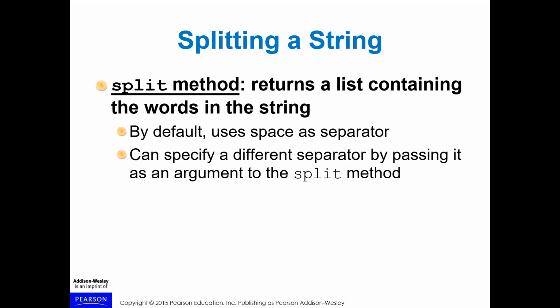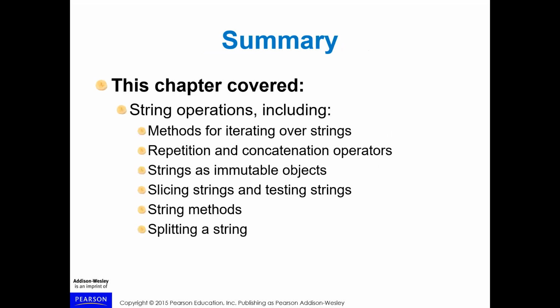By default, you can split by many characters, tab, commas, etc. But really, the default value is space. So you can split by space, or you can specify a different separator by passing it as an argument to the split method.